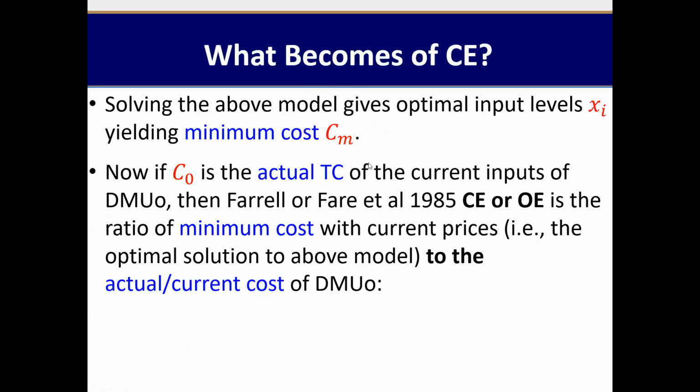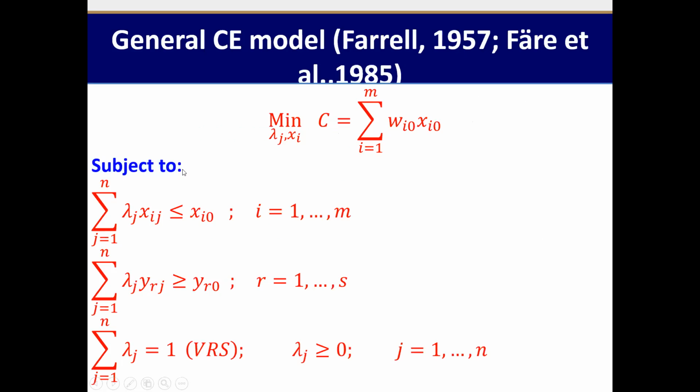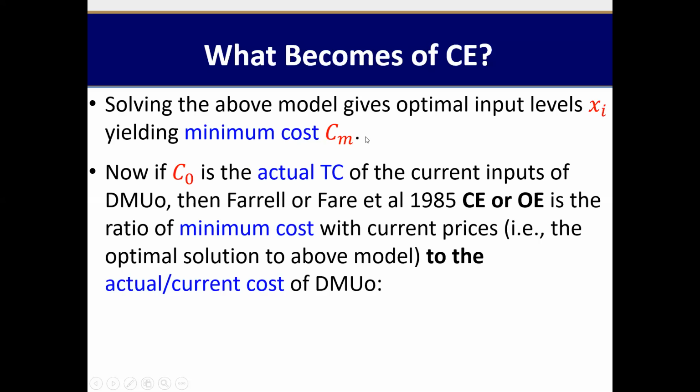Once you calculate the minimum cost, which is CM, you will now match it against the actual cost, which is C0. So you calculate the minimum cost, and then you already have the actual cost of the current input of the firm under evaluation.